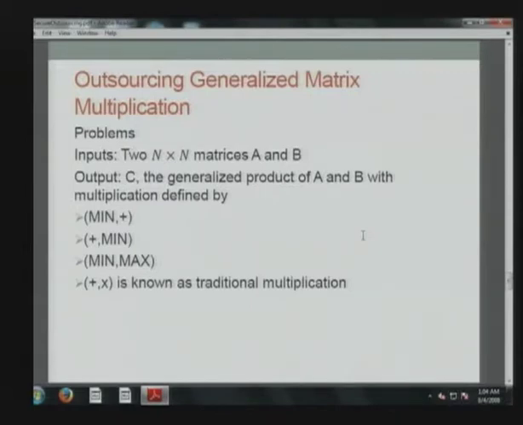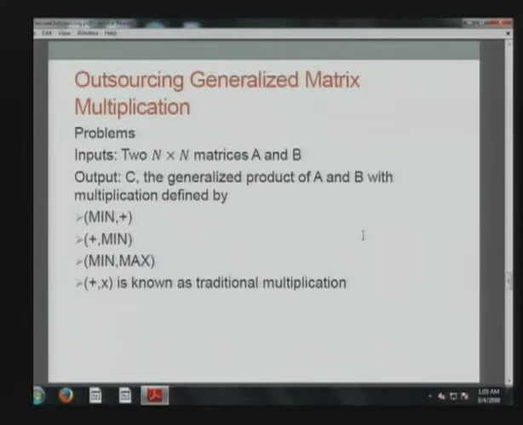So in a traditional multiplication, any element in C, let's say Cij, is the inner product of the ith row of A and the jth column from B. And the inner product is defined as the sum of the products of each aligned pair.